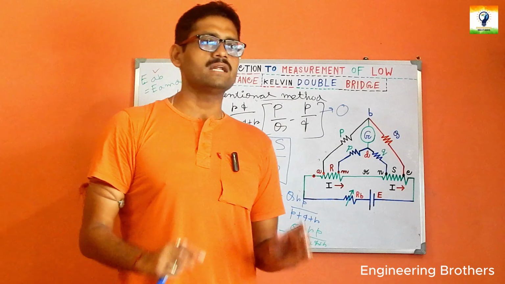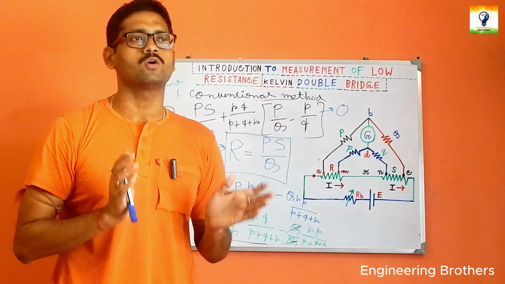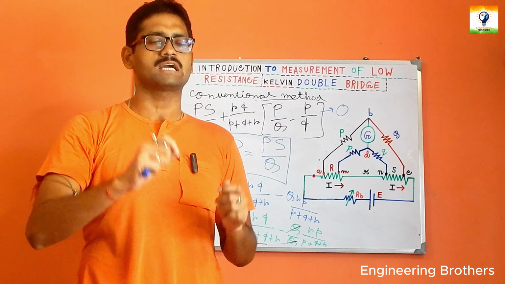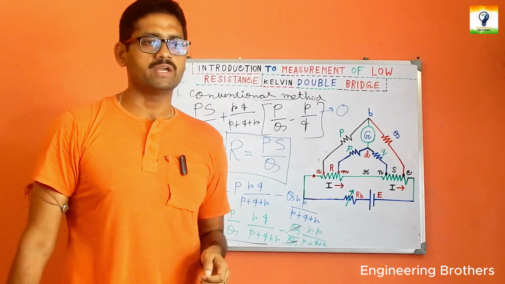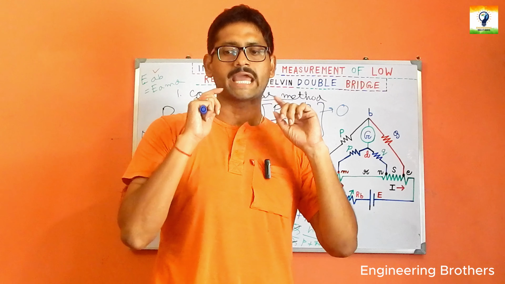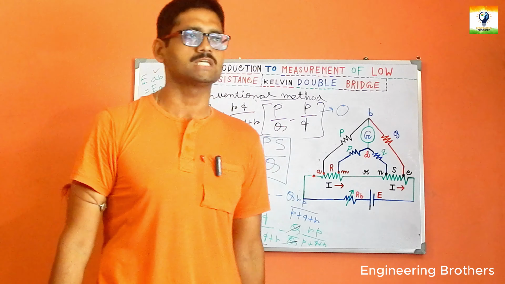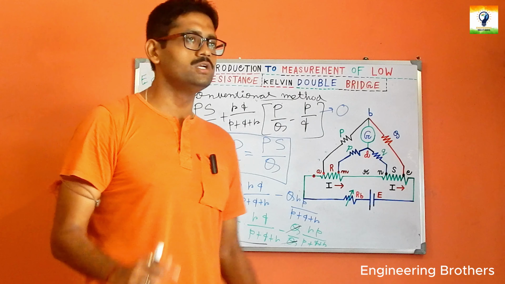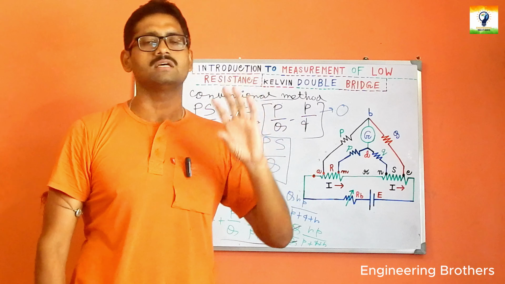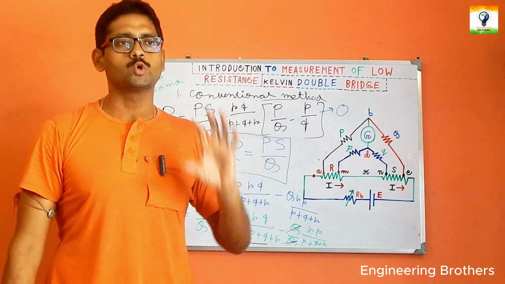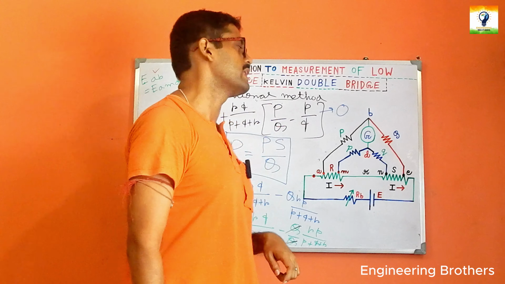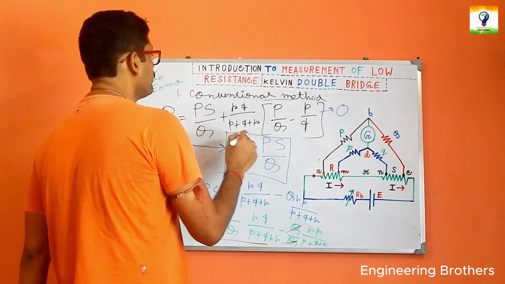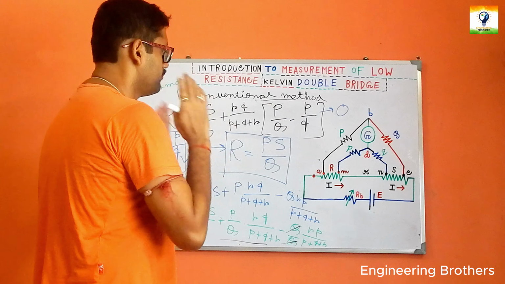And most importantly, why we don't use the Kelvin bridge connection directly, because that connection is not perfect and we cannot make it in a practical way. So next, we separately considered the star delta formulation methodology to show you how to reach the balanced condition for our Kelvin double bridge. And finally, we considered the conventional method to show you the same equation, and we got the expression as this one.